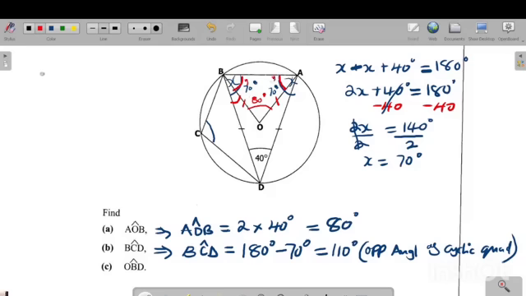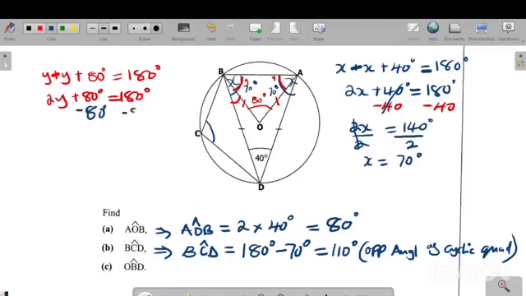So y plus y plus 80 degrees, you should get 180 degrees. So this will be 2y plus 80 degrees equals 180 degrees. In other words, we are using the sum of angles in a triangle. So subtract 80 degrees on both sides.